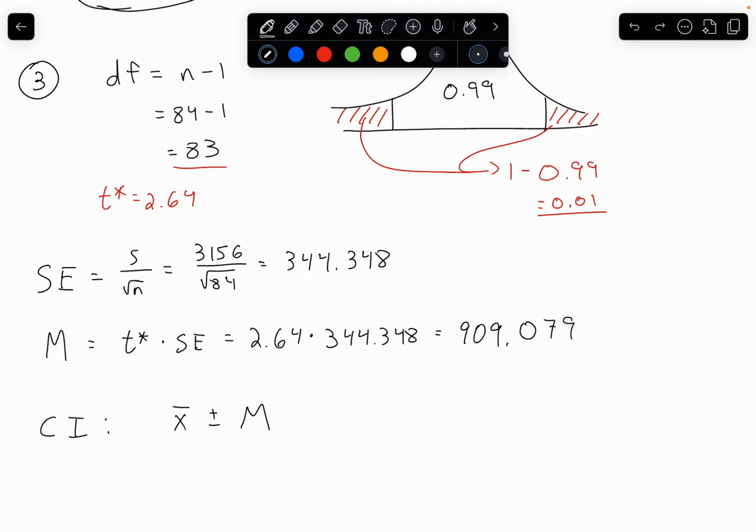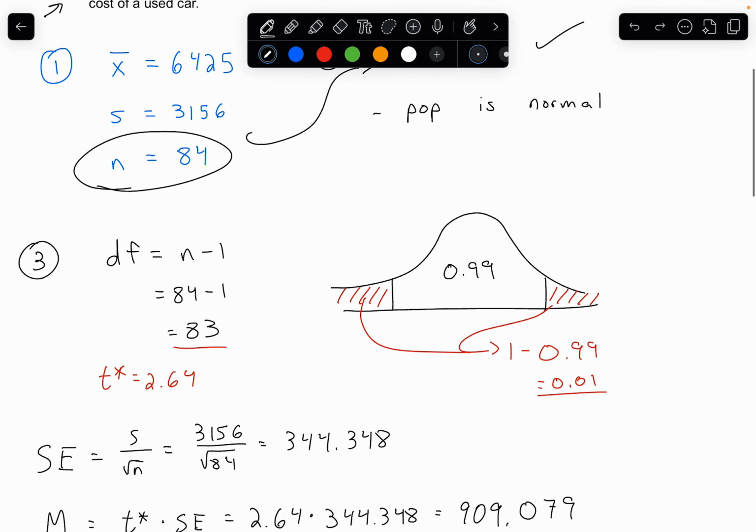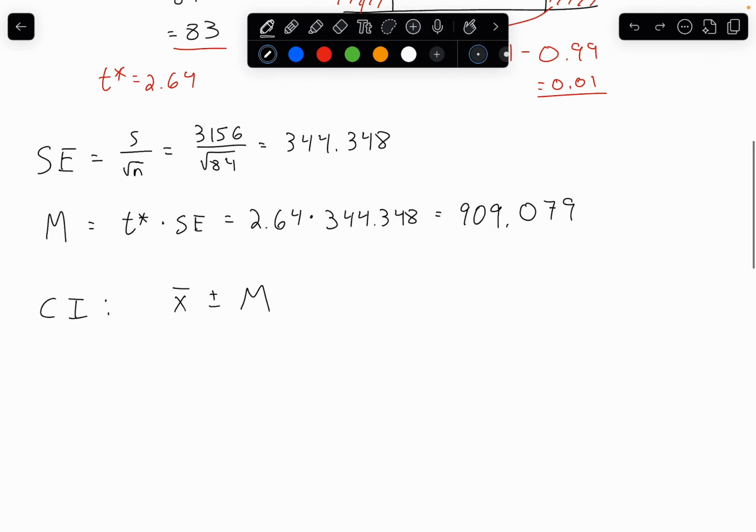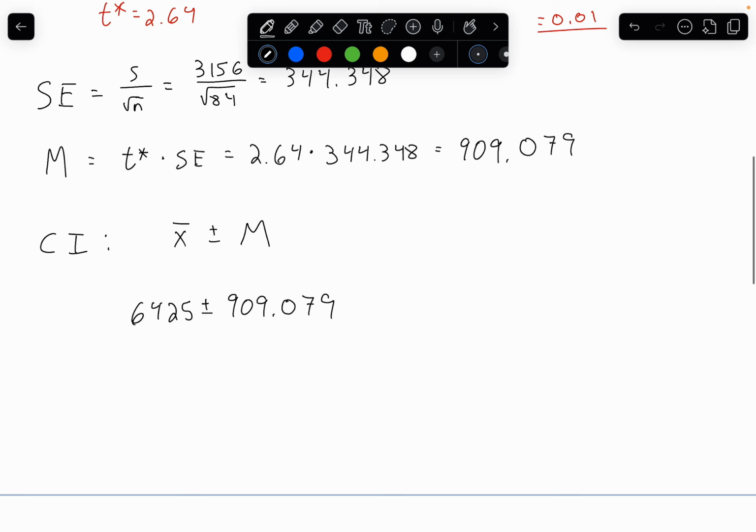So our sample mean x bar is $6,425, plus or minus m, that would be 909.079.